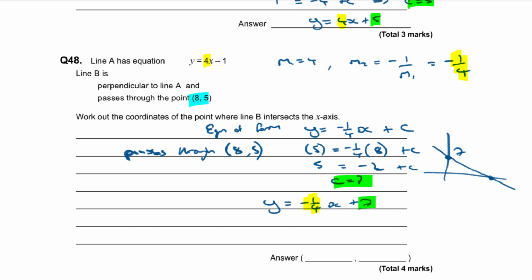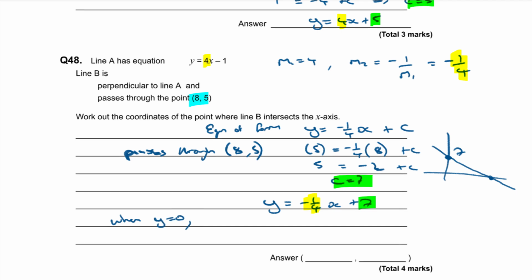Okay. Now the y-intercept occurs when x is equal to 0. The x-intercept occurs when y is equal to 0, because remember the x-axis is the equation y is equal to 0. So if I want to know where this line passes through the x-axis, I want to know the value of x when y is equal to 0.